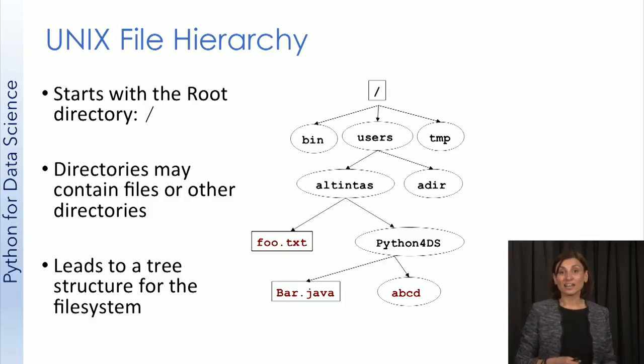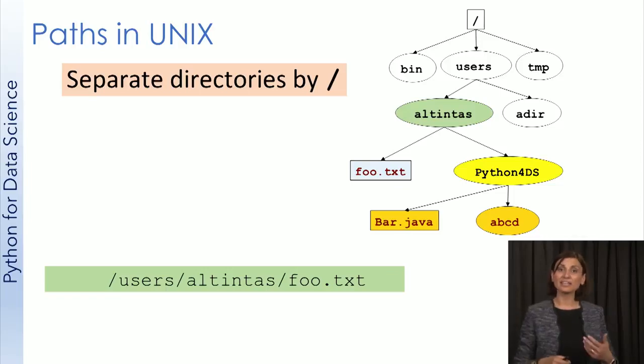Files are organized in a hierarchical structure that looks like an upside-down tree with a root. To reach and work with each file, we go through what we call paths within this tree structure. Paths separate each node of the tree that we are touching by a slash character.